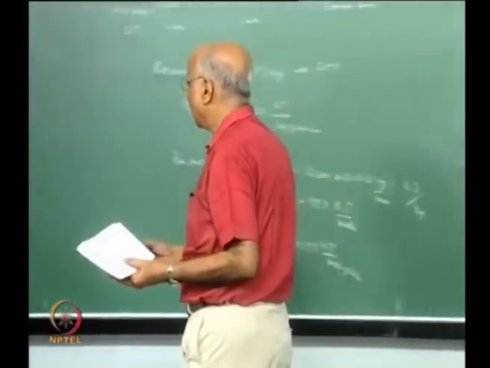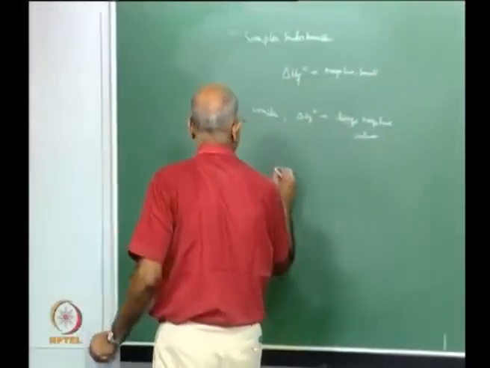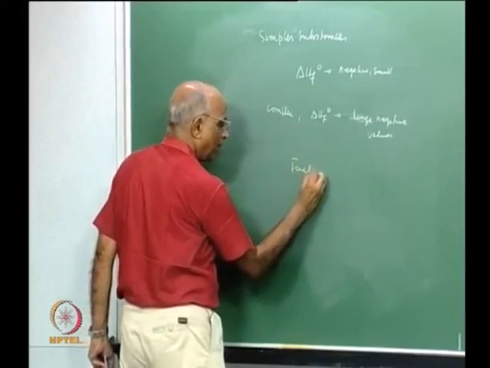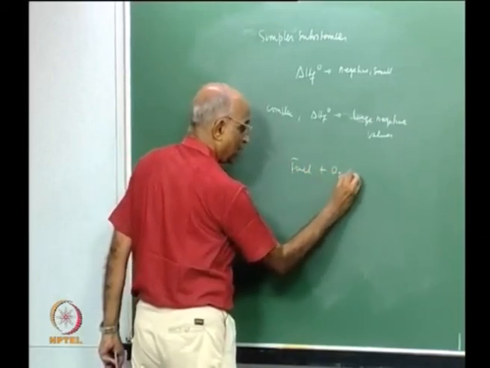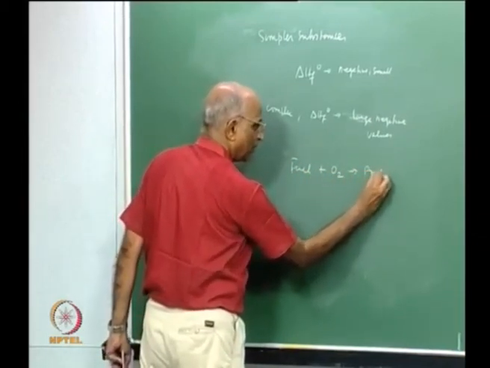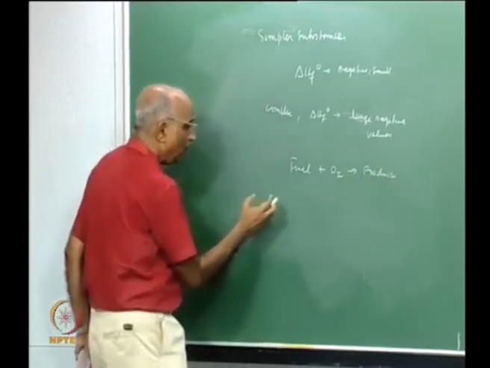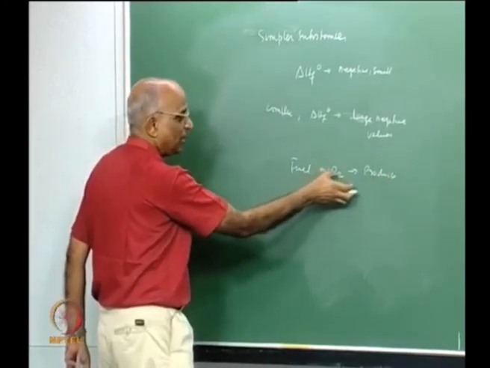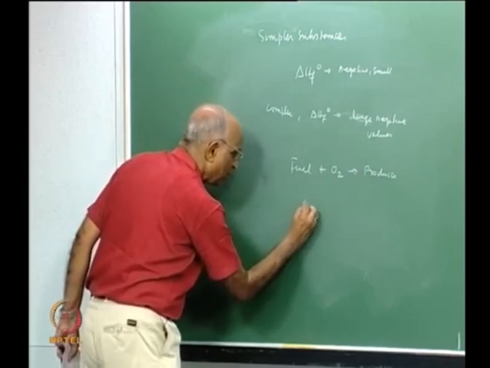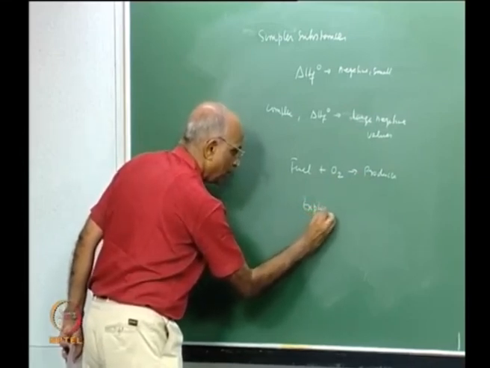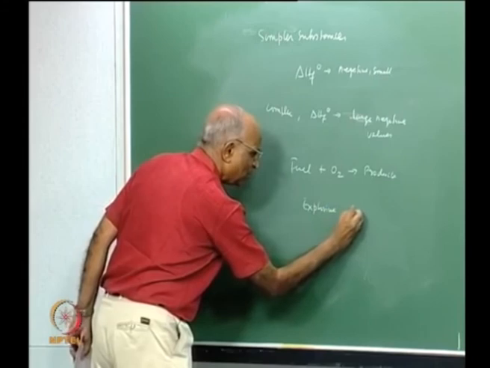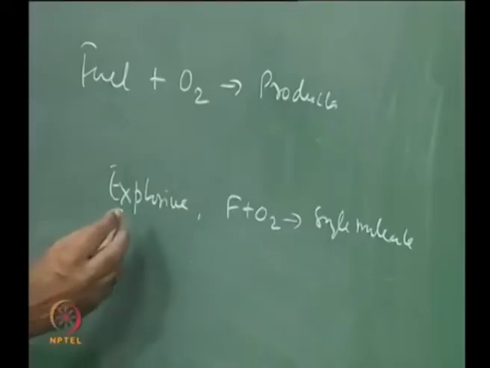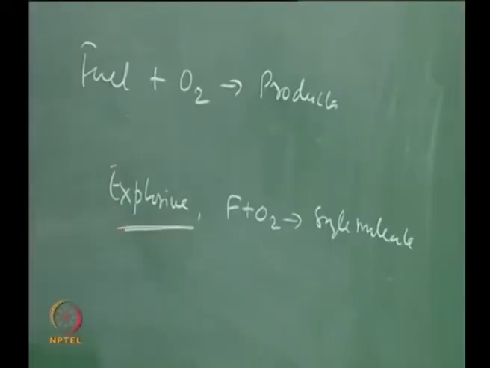In other words, whenever I have a fuel, I react it with an oxidizer, it gives me products. What does the fuel do? It goes, searches out for oxygen and then it burns. An explosive is a substance which contains fuel plus oxygen. Such substances are known as explosives.